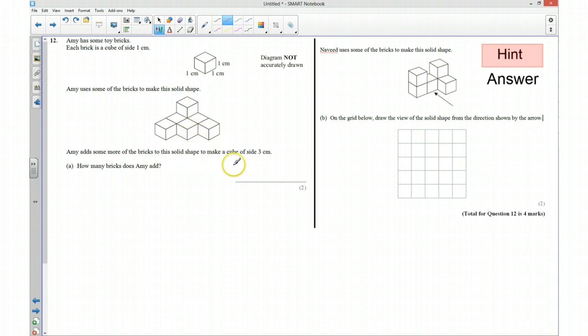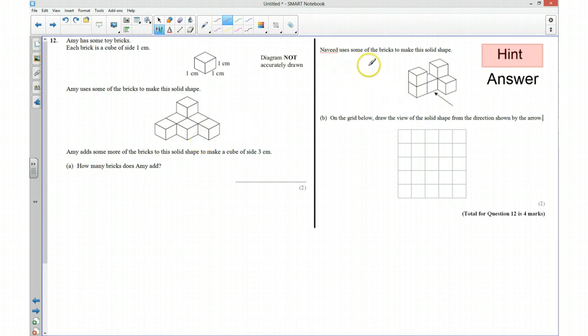So my hint to you here would be to work out, how many of these cubes do I need to make a cube that's going to be 3 centimetres long, 3 centimetres wide, and 3 centimetres high? We can then decide how many bricks are here already, and then decide how many more that we need.